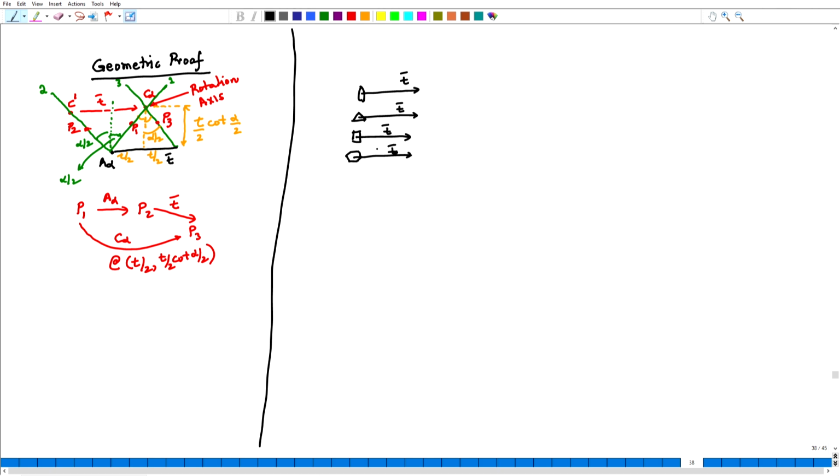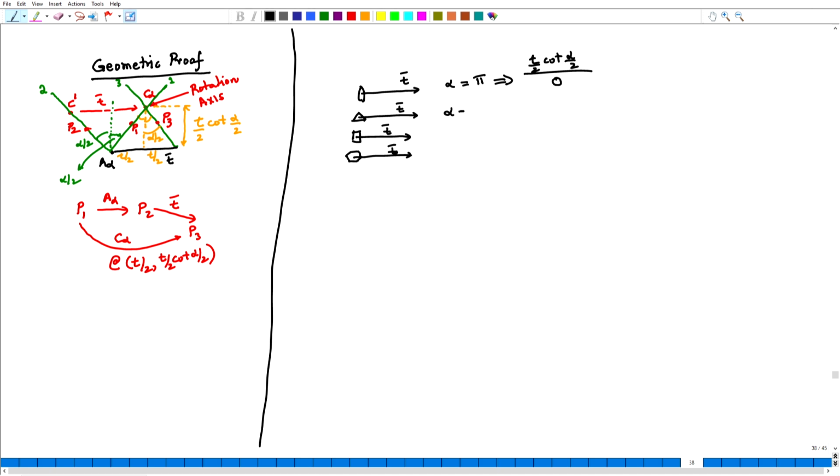So, these various combinations. Well, 2-fold and a translation, alpha is equal to pi, rotation of 180 degrees, which means that T by 2 cot alpha by 2, this value clearly will be cot of pi by 2, which is 0.